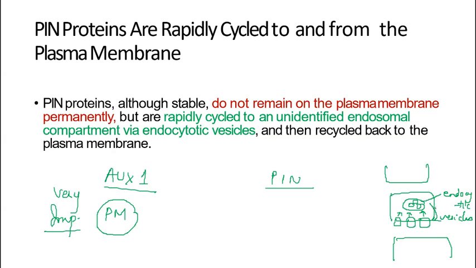So AUX1 always stays on the plasma membrane and PIN are recycled. When not required, they move inside the cell and become enclosed in the compartment, and once they are required again, they move back to the plasma membrane. This concept is again very important. My motive of writing very important means questions came from these topics.